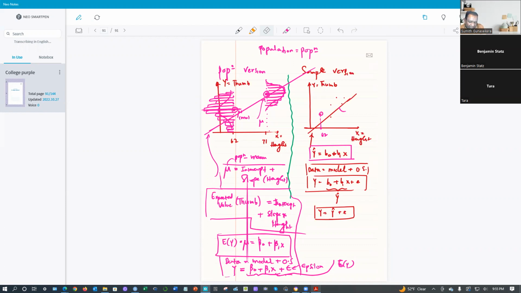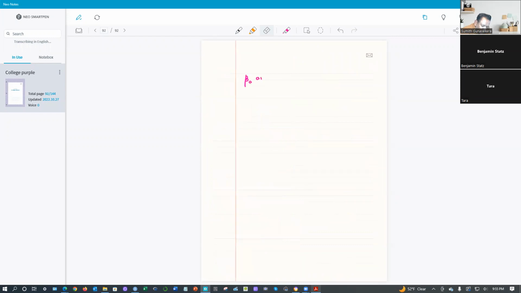So you have to learn the parameters. We can say the same for this one: beta naught and beta 1 are parameters. They are named parameters.